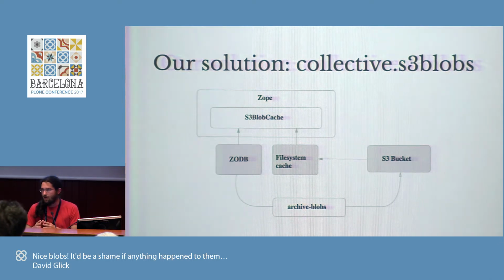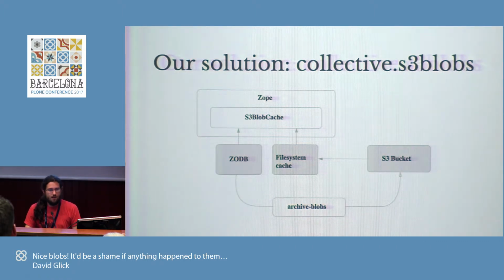If it's not there because you've moved it elsewhere, then we will look in a new file system cache that belongs to S3 blob cache. If the file isn't there, it'll get it from S3, put it in the cache, and so it can load it from there as the file is used again and again. And that cache works similarly to the one that's built into ZEO.